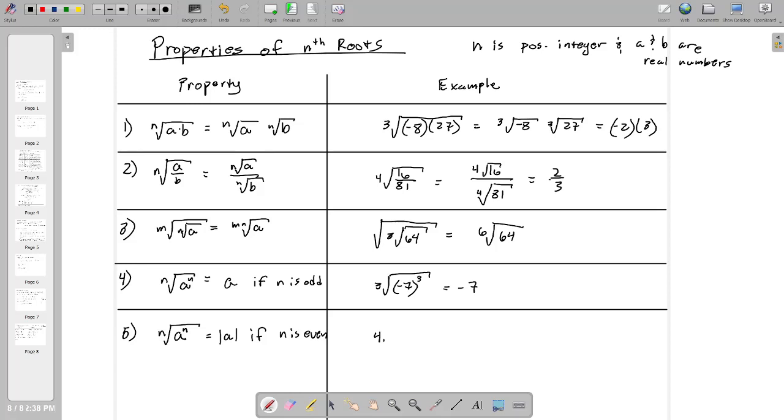Here, I'm going to illustrate this. When we take -2 to the fourth power, we are multiplying a negative 4 times. So we actually get a positive number. So this would be the same thing as saying the fourth root of 16.